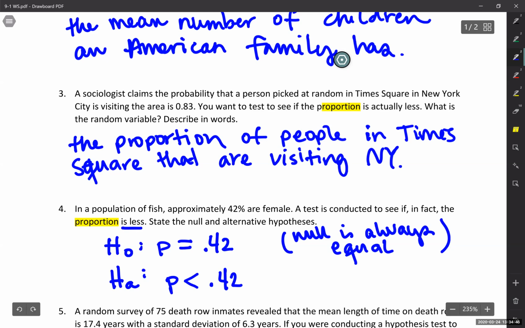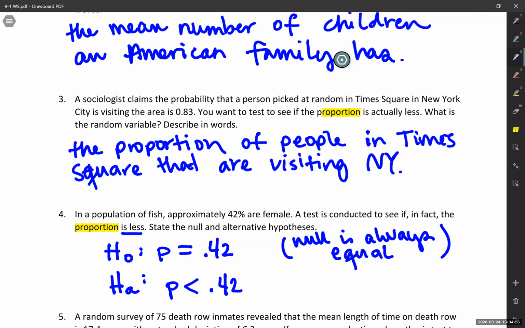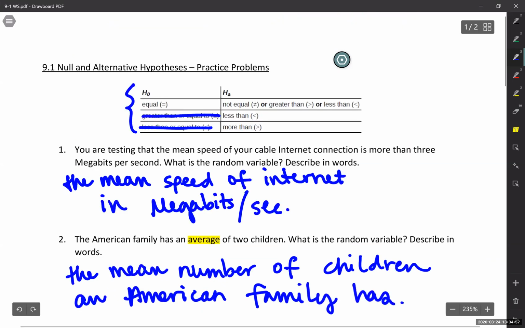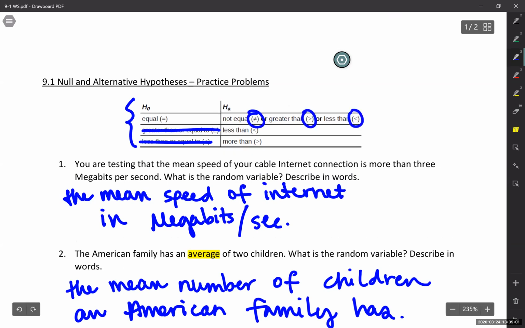And so I put less than. There's only 3 choices: less than, greater than, or not equal. And we can get that from the top here. We have less than, greater than, or not equal. Those are our 3 choices for alternative. For null, we're just going to put equal.